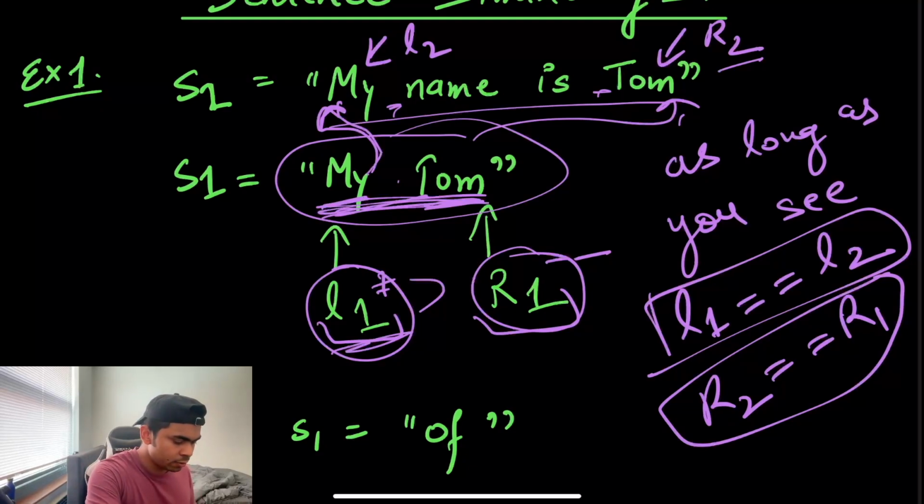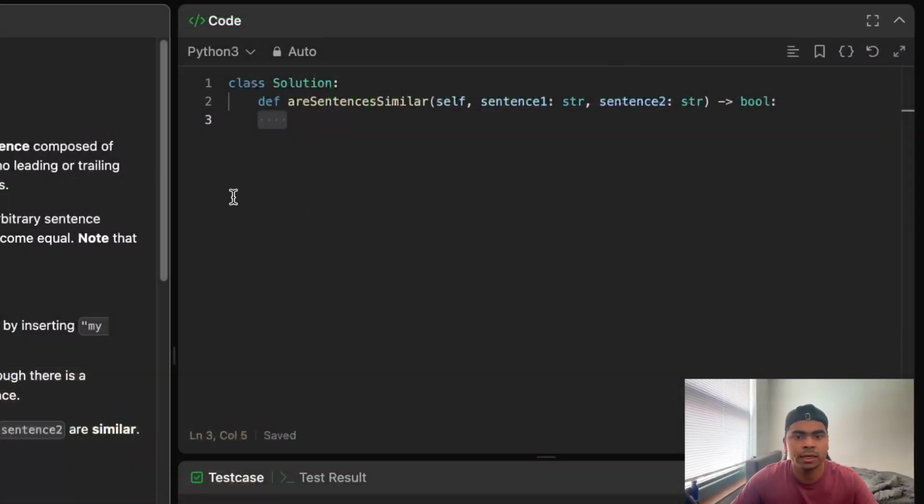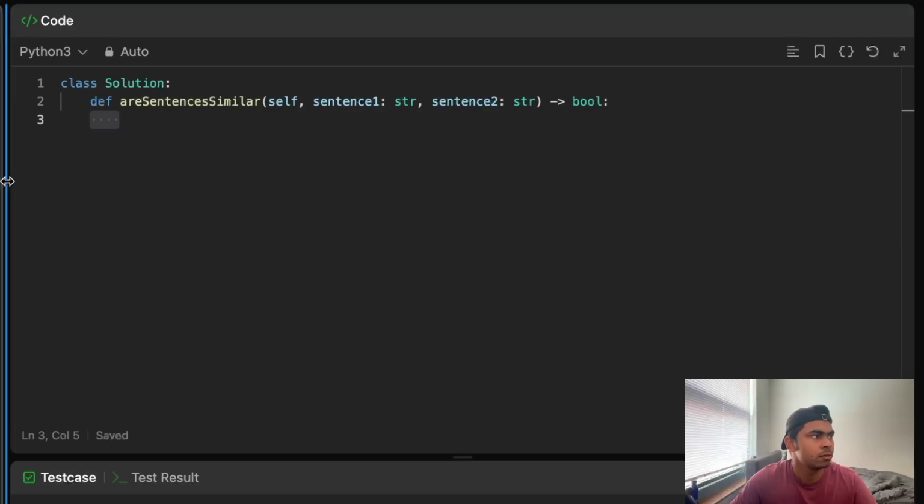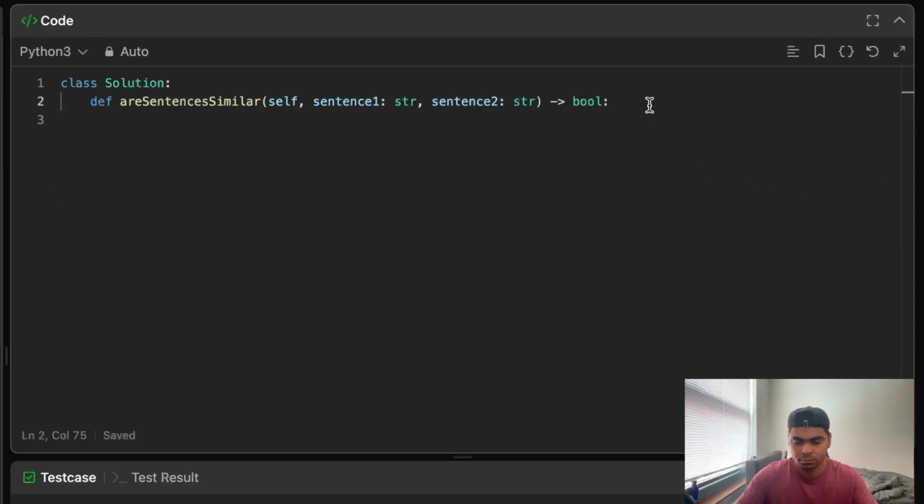So let's write down the solution. It would be simple, I guess. I think the solution would be just a direct conversion of our logic. First, let's have L1 and L2, both pointing to 0 and 0.